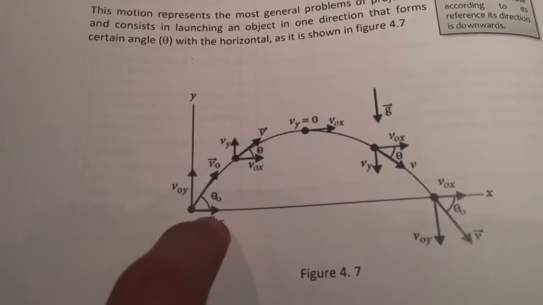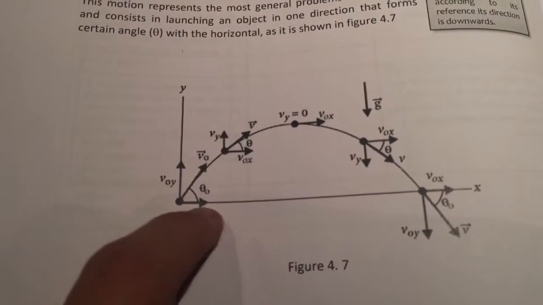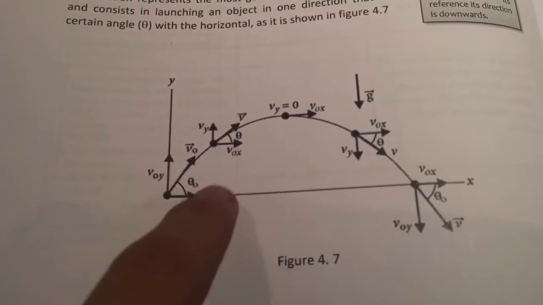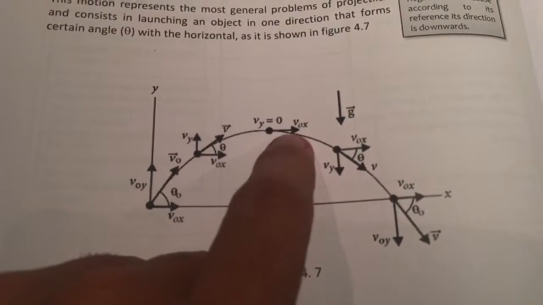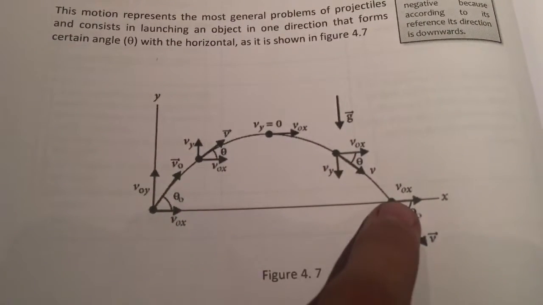For example, here we have this vector whose direction is to the right because the parabolic throw is going to the right. Here, here, here, and here.